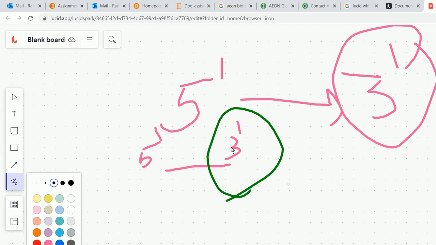DNA polymerase cannot initiate the process of DNA polymerization, but it can elongate. So that is why there is an involvement of another enzyme called primase. Primase makes the RNA primer, and this RNA primer is made in this direction, 5' to 3', and it provides a free 3' end.